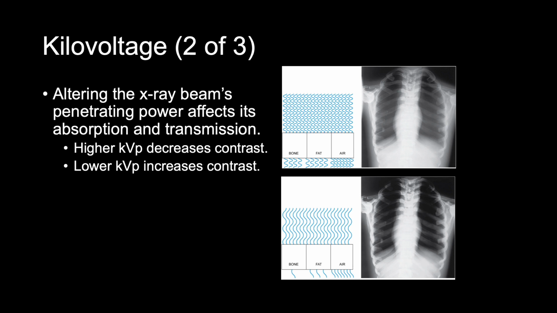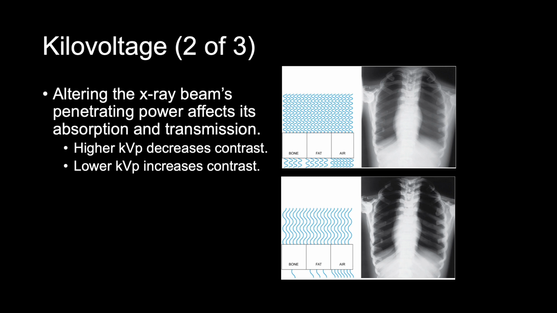When a low kVp is used, the X-ray beam penetration is decreased, resulting in more absorption because now it has more time, it's going slower, and less transmission, which results in greater variation in the X-ray intensities exiting the patient. And this produces a high contrast radiographic image.